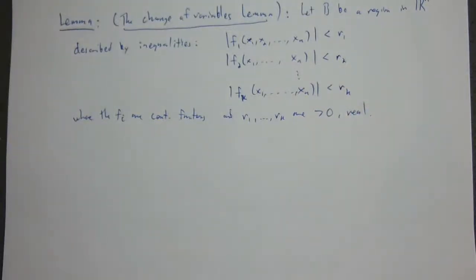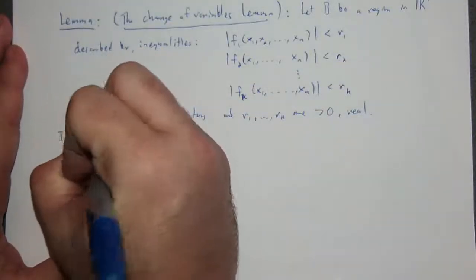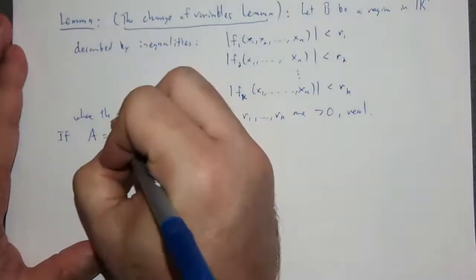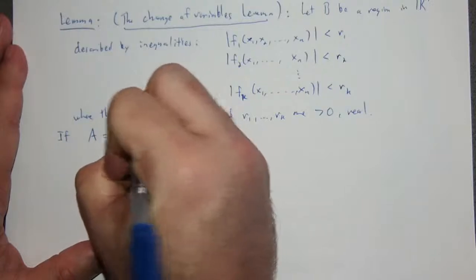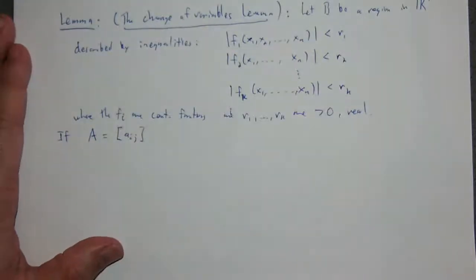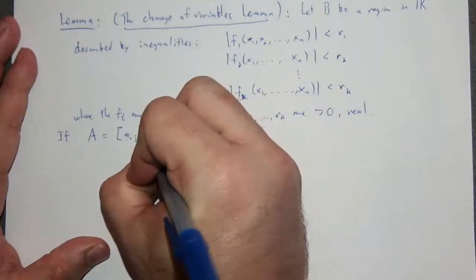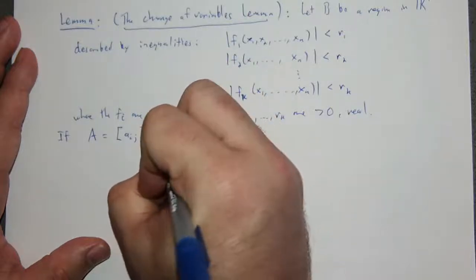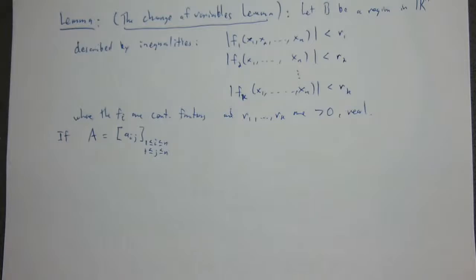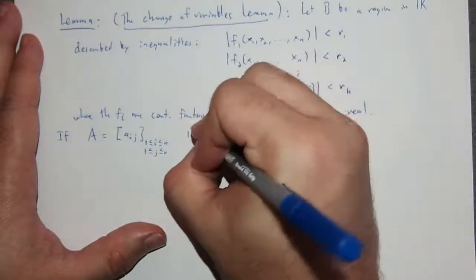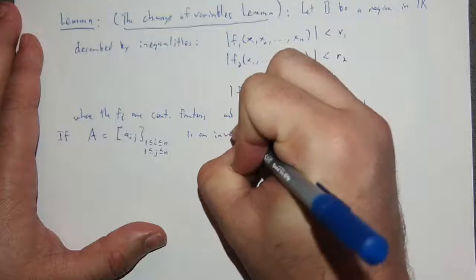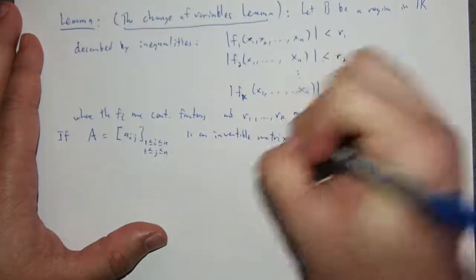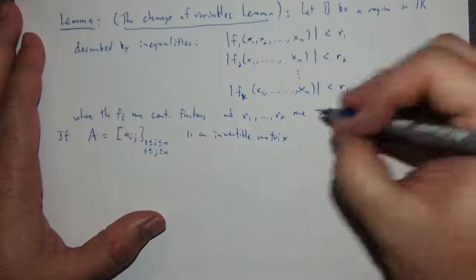Okay, if A is the matrix, which I'm just going to write as a_ij, so it's n by n, we'll say, is an invertible matrix. You might recall why that's an issue.